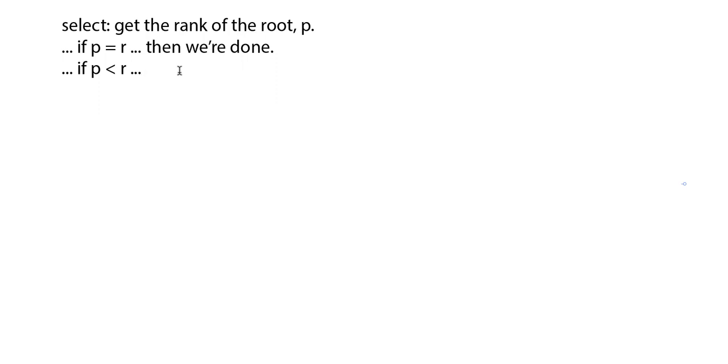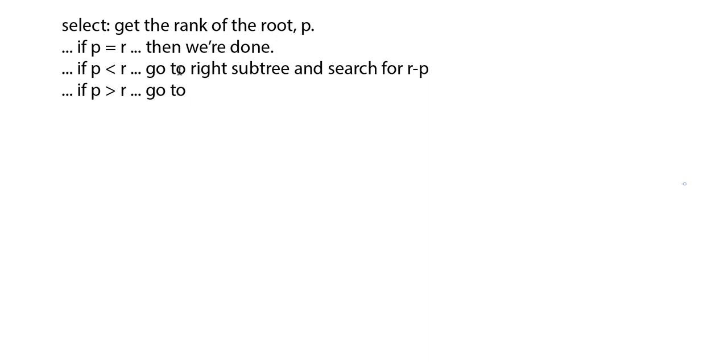So in this case, we need a greater rank, so we go to the right subtree and we search for R minus P. And if, let's say, P was greater than R, or in other words, the rank we're searching for is less than the root's, then we go to the left subtree and search for R, right?